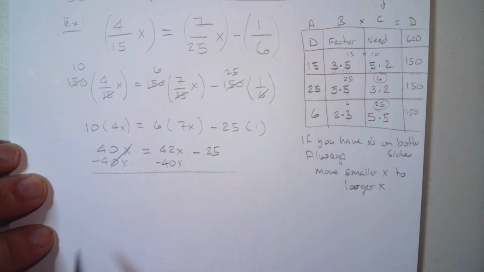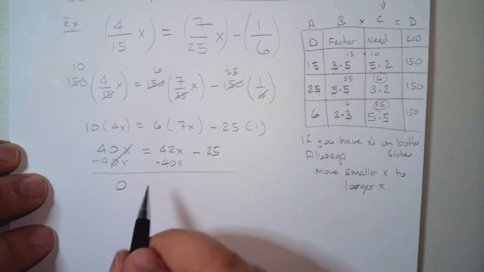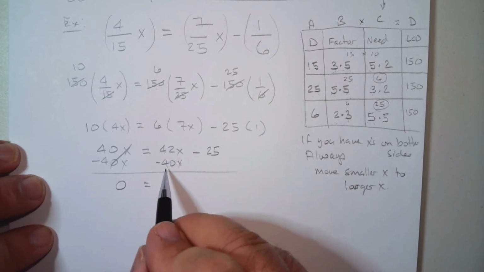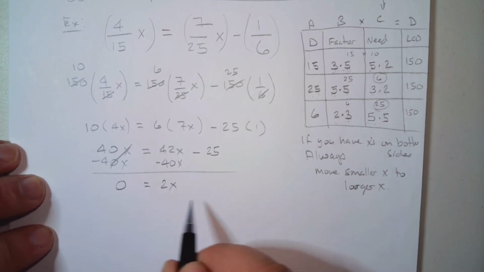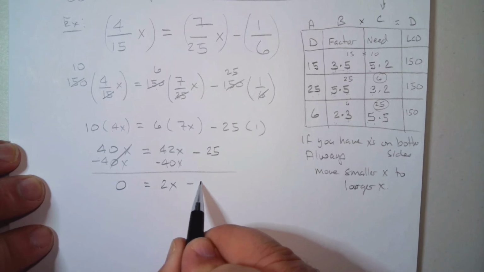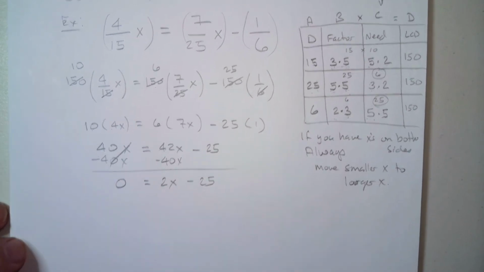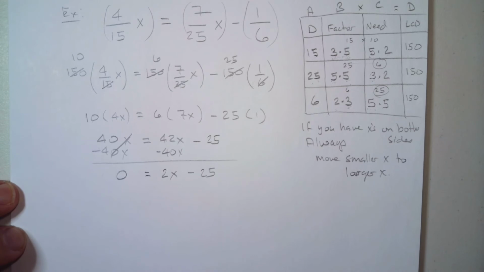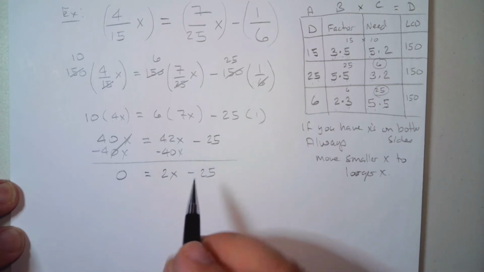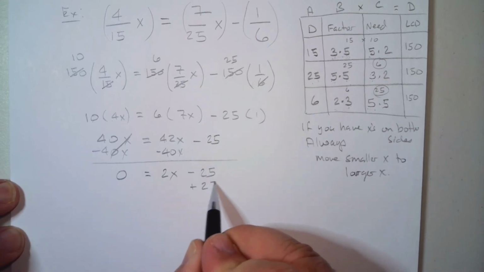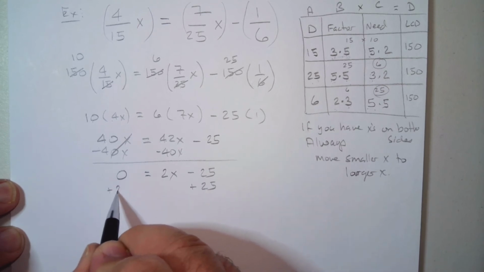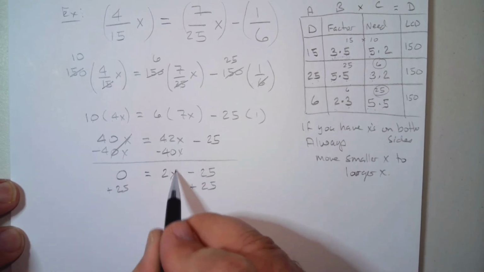40 minus 40 is 0. 42 minus 40 is 2. Now, move the 25 over. We're trying to get x by itself, so we get rid of the 25.